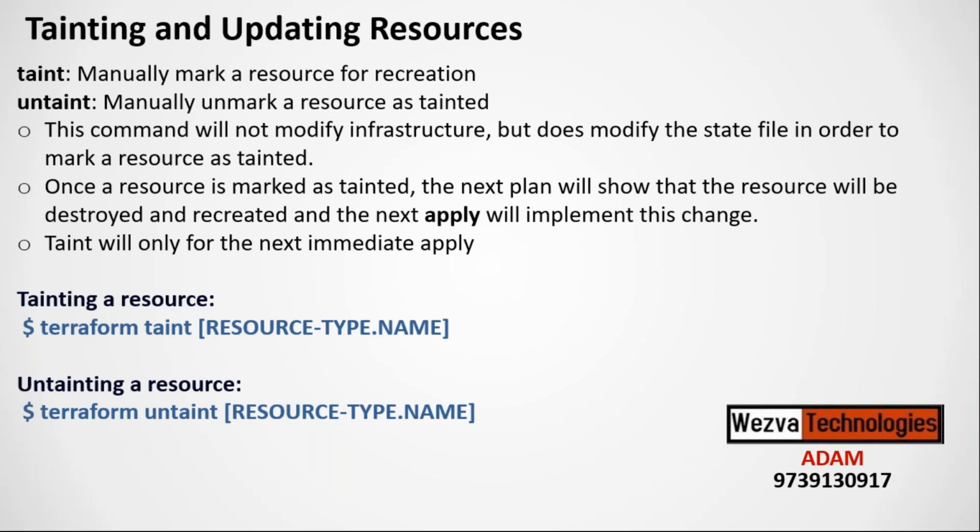Now there are certain scenarios in which if there is no change in the resource, but still you want the same resource or some other resources which are dependent on it to be forcibly recreated. Okay, what is it? When the resource is available and it is exactly the same what you want, Terraform will not say that it is going to get modified because it will say up to date.